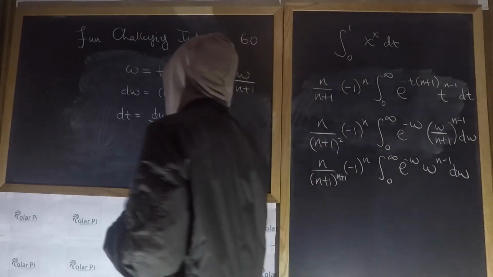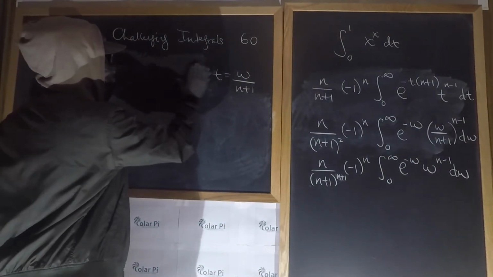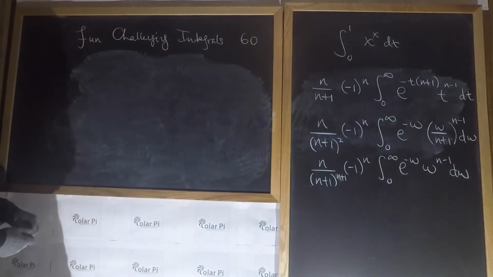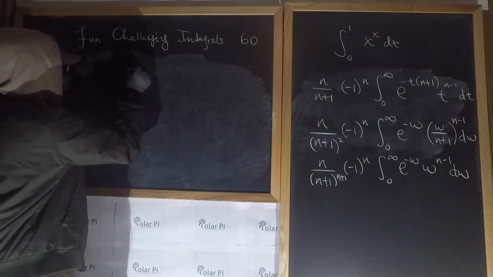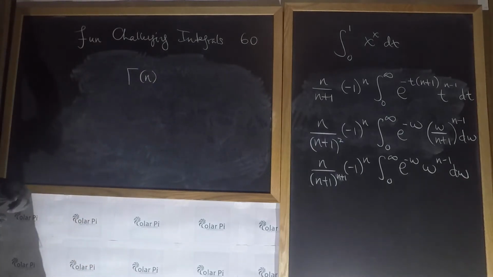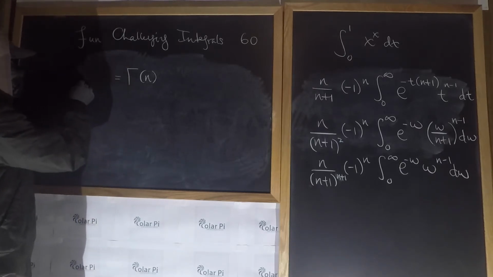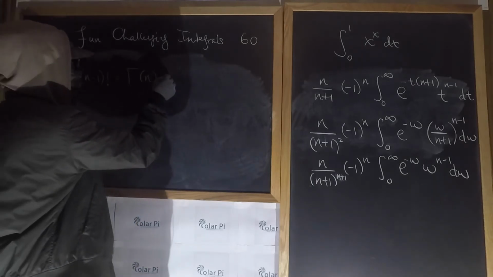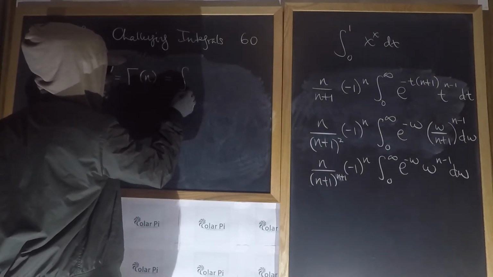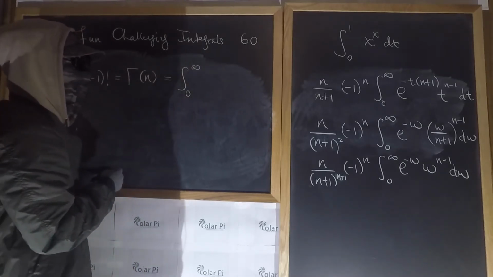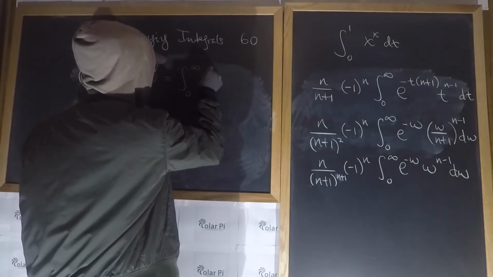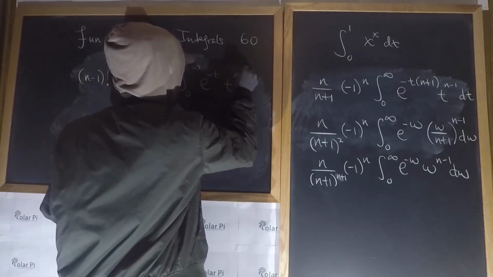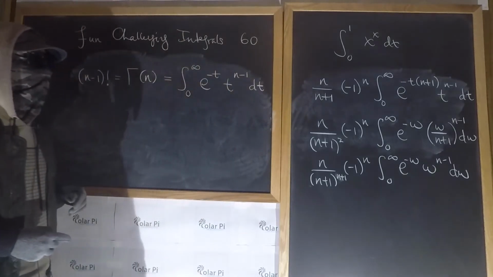But wait, we know, well, I don't know if we know, but I know, that gamma of n, the gamma function, which is on the one hand equal to n minus 1 factorial, is on the other hand equal to the integral from 0 to infinity of e to the minus t, and then t to the n minus 1 dt, right?